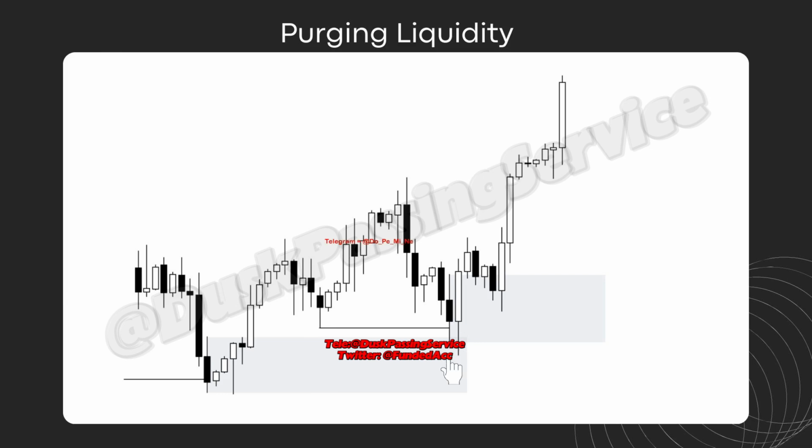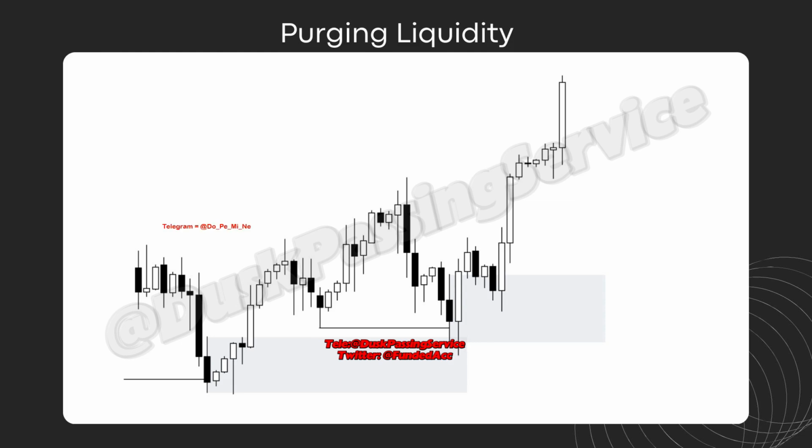Not only that, but with this particular candle we also tested a previously existing order block, which means this candle also filled liquidity. So now this candle has done two things. It purged liquidity, and along with that, it filled liquidity in the form of testing an order block.